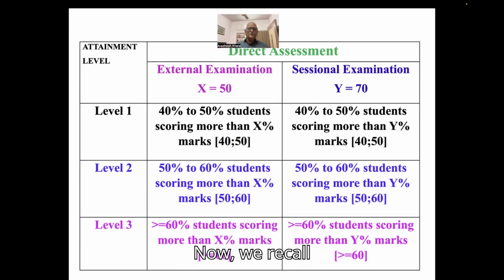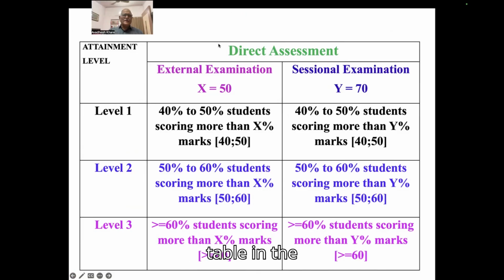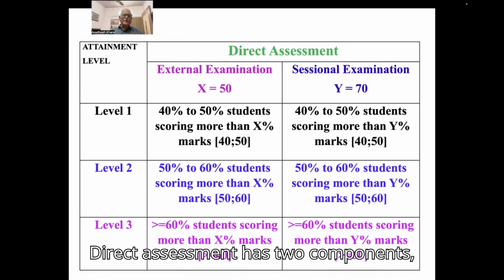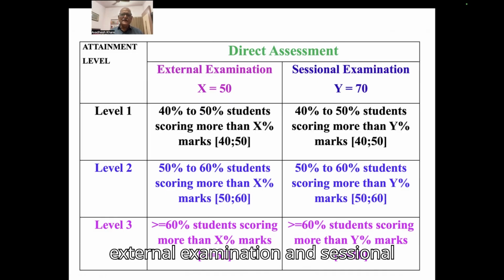Now, we recall this table. We have already discussed this table in the previous episode. It is a direct assessment table. Direct assessment has two components, external examination and sessional examination.